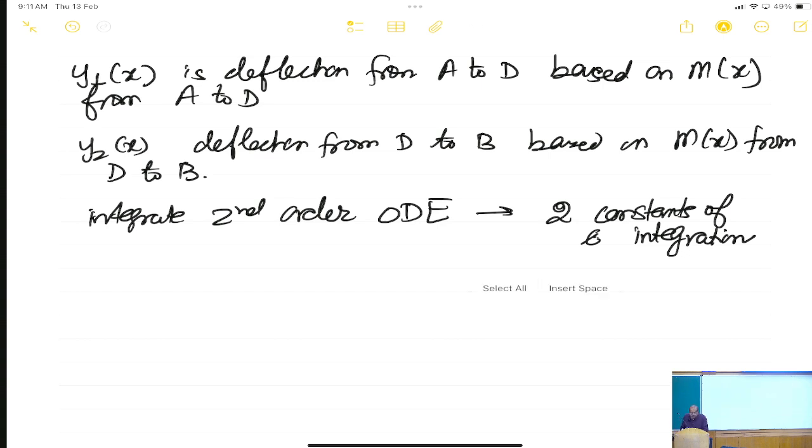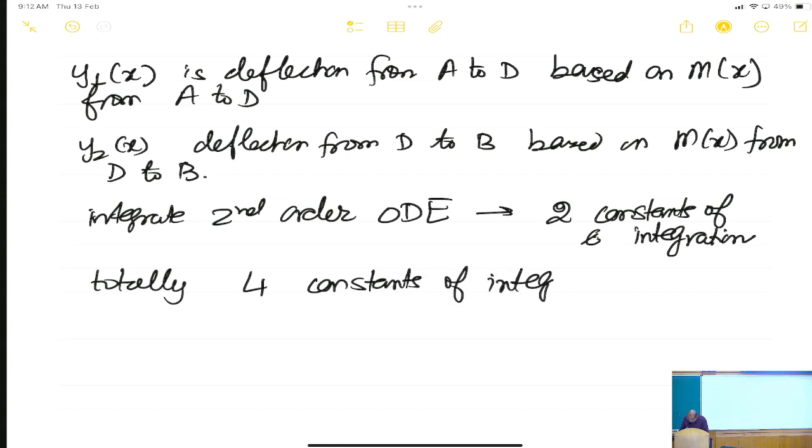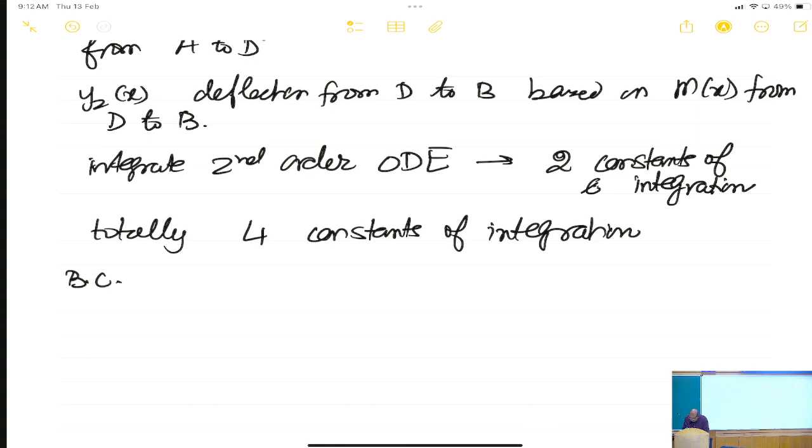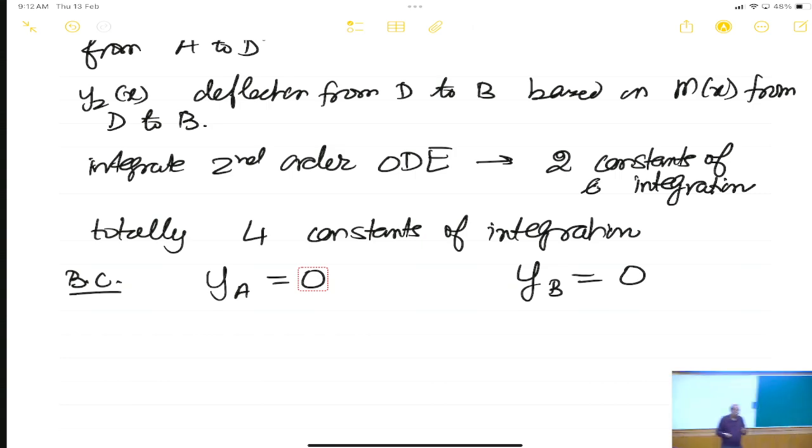So that means totally in this, we will get four constants of integration, 2 from y1, 2 from y2. Now, what are the boundary conditions we have? We have only two boundary conditions, y of A is 0, y of B is 0.